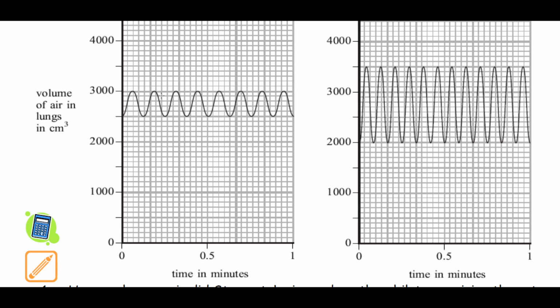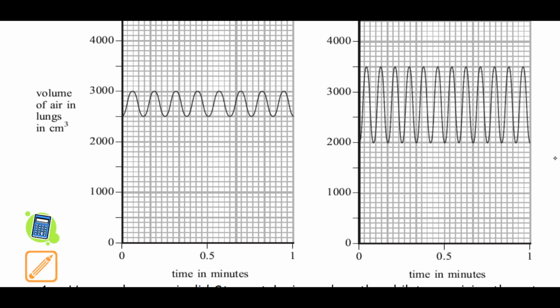Whereas at exercise, from 2,000 up to 3,500, she's breathing in 1,500. And you can see not only is she breathing in a greater volume, but we have 1 breath, 2, 3, 4, 5, 6, 7, 8, 9, 10, 11, 12 breaths.